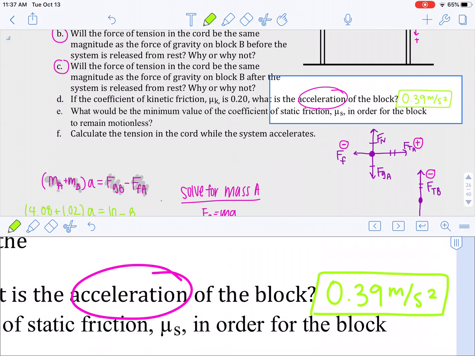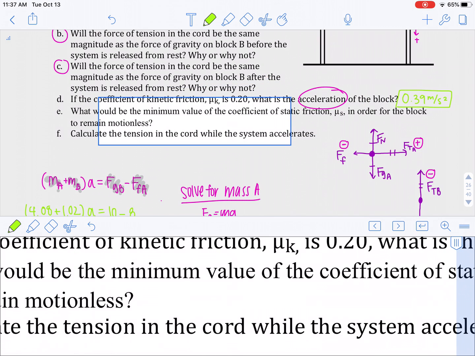Okay, so for the minimum value of the coefficient of static friction, in order for the block to remain motionless, that would mean that our system would need to be completely at rest.